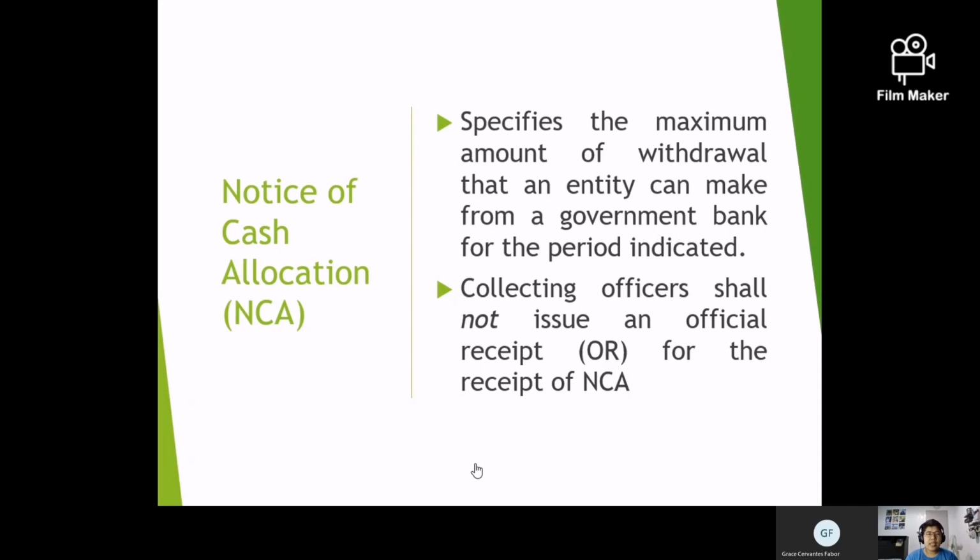We have CDC, MTA, NCAA, tsaka NCA. So, meron na tayong pera. Since meron na tayong pera, pwede na tayong mag-disburse.